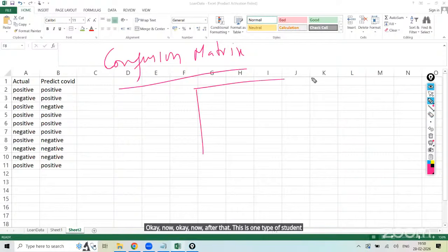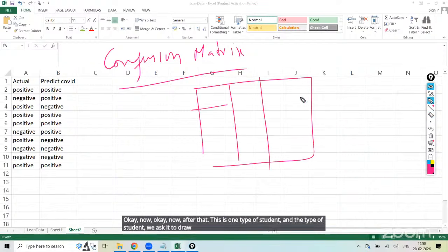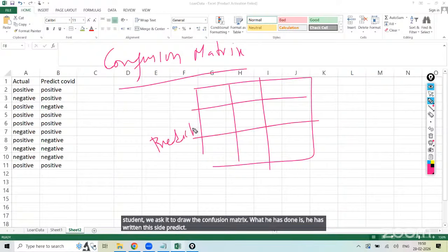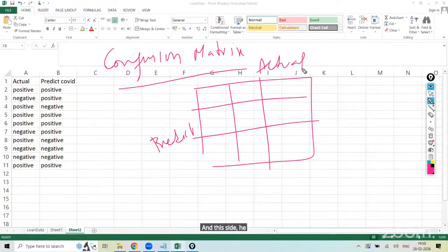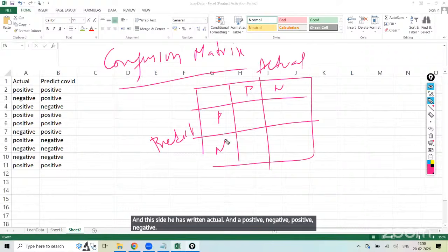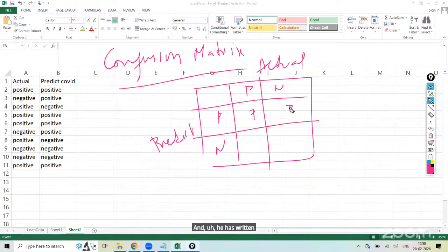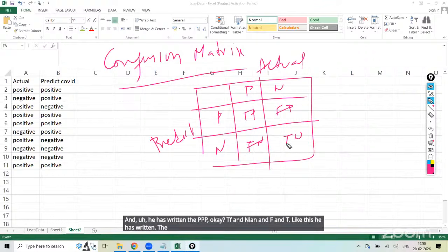And the other type of student, we asked to draw the confusion matrix. He wrote this side predict, and this side actual, and positive, negative, and he wrote TP, FP, FN, TN. The way I have written, in the same way he has written. The answer is correct.